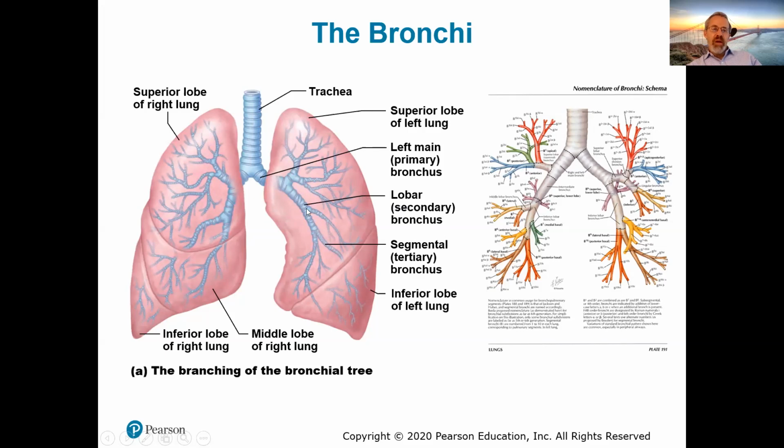Once the secondary bronchi split, they become what's known as the tertiary bronchi. So those are the three main branches of the bronchi. We have the primary, the secondary, and the tertiary.